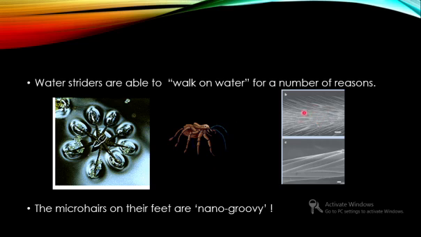If you check its leg, you can see lots of tubular or grooved kinds of structures, and these grooves are in the size of nanometers. So what will happen? These hairs or the grooves will have so much air.